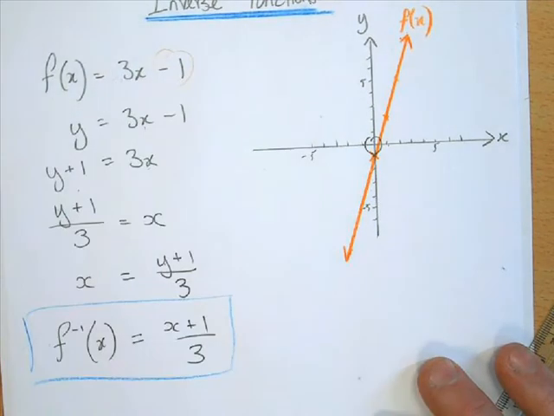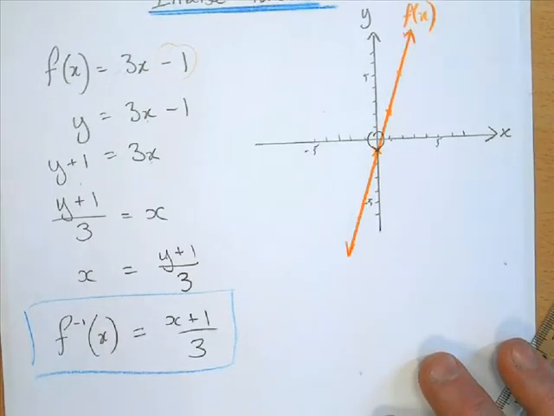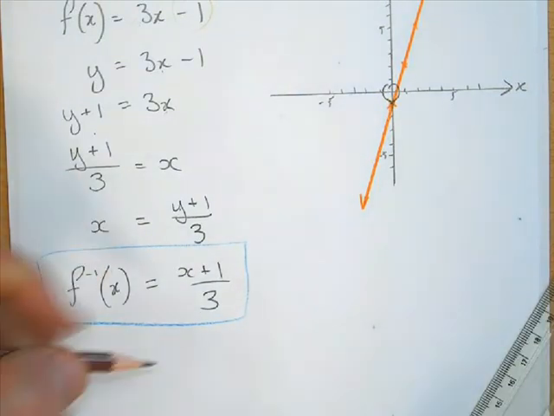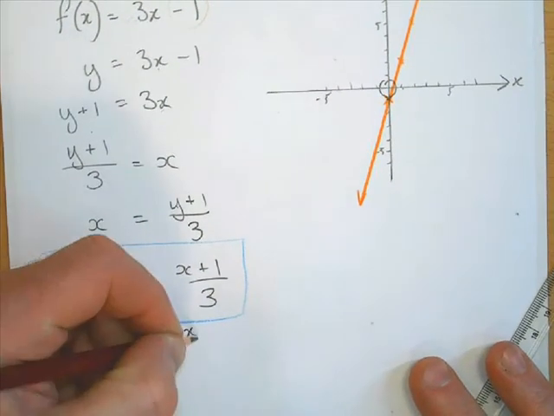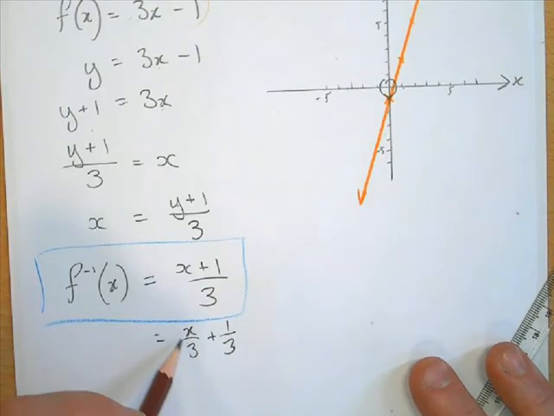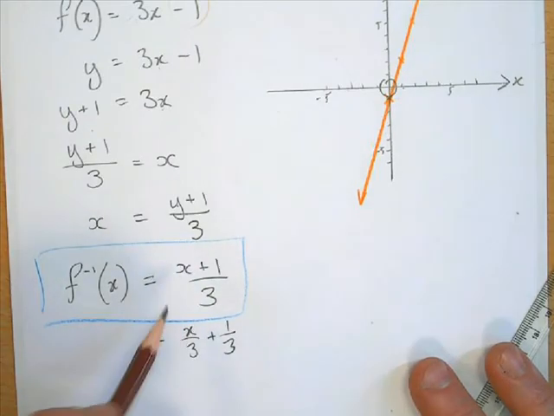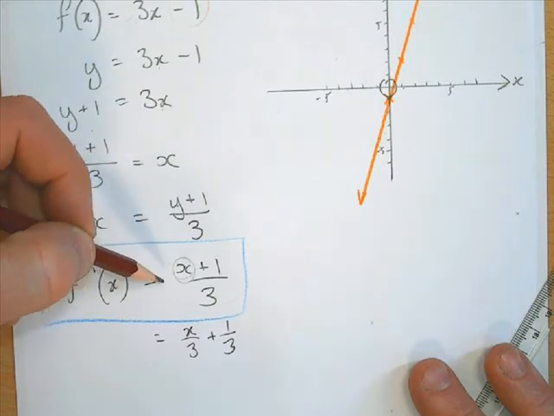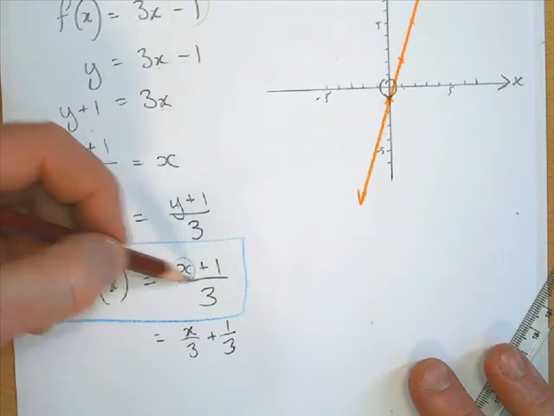Now, you could do the same with this one down here. It'd be a little bit trickier because you'd have to rewrite it as x over 3 plus 1/3. So it's going to start at 1/3, and then the gradient is 1/3. But it's better to actually use this, and what you do is, instead of trying to use the gradient, you just pick some values for x so that this top part can be easily divided by 3.